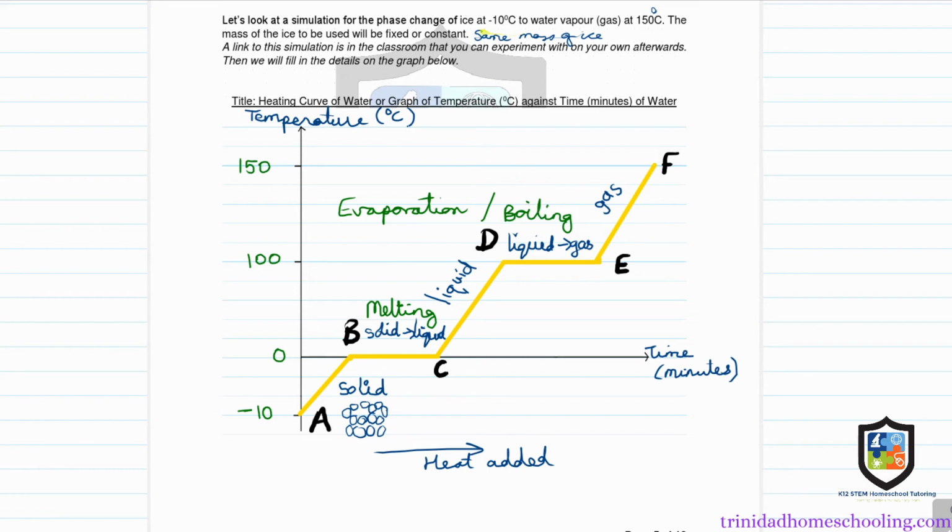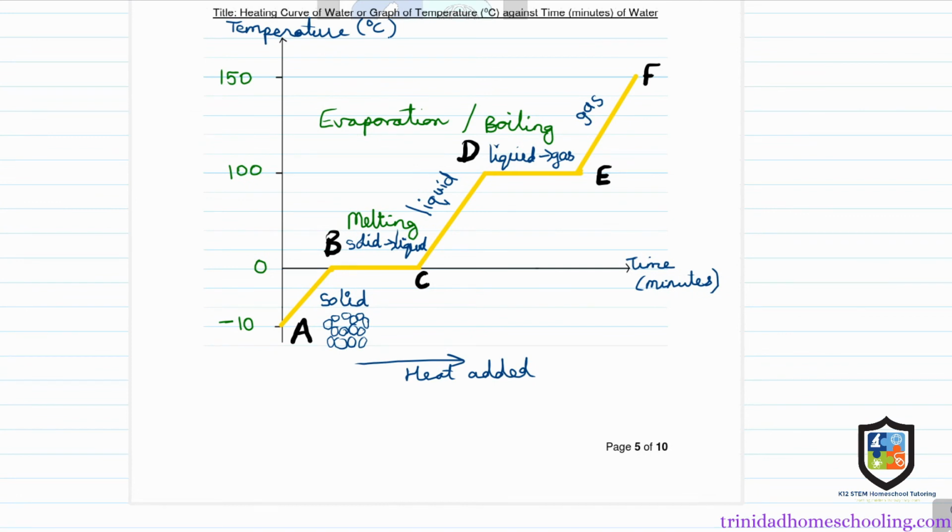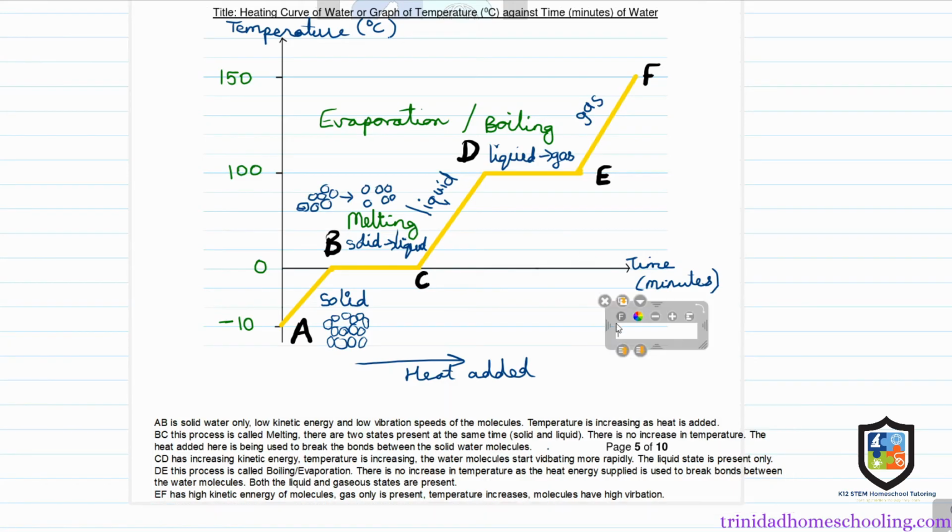Now when you're putting in your notes on this graph, I would like you to put in as much detail as you can. If not, you could always write it below. So here at C to D we have liquid only.